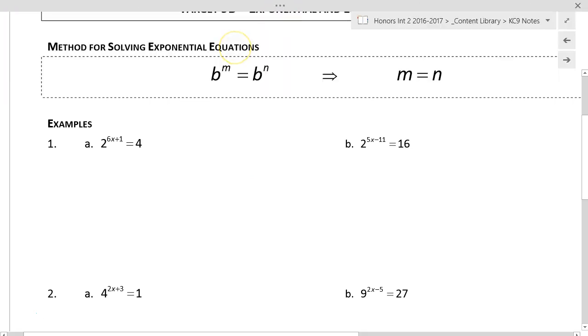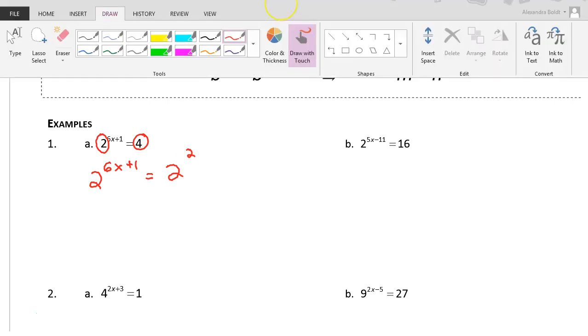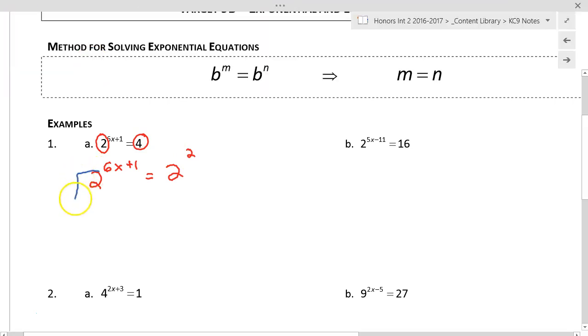Right now, my base is 2 and 4. Those are not the same. So I want to think about how I can change one of those to have an exponent and be in the same base. So 2 to the 6x plus 1 equals, well, 4 I can rewrite. 4 is really 2 squared. Now, both of these have a base of 2, so basically I'm just getting rid of that.